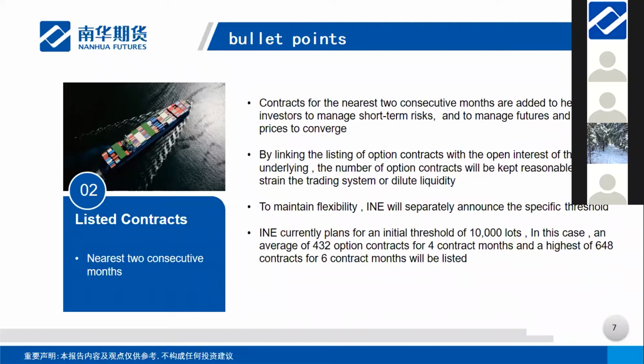By linking the listing of option contracts with the open interest of the underlying, the number of option contracts will be kept reasonable, so as not to strain the trading system or dilute liquidity.